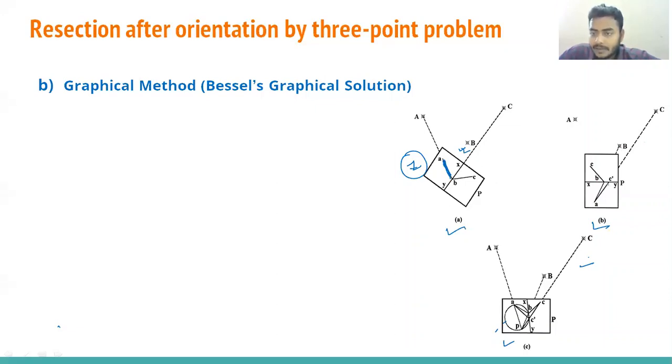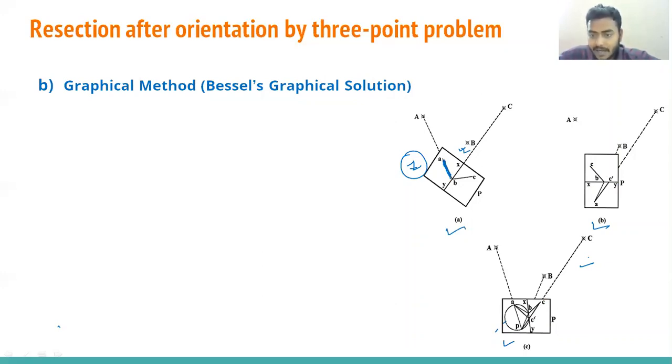The intersection point will give us C dash, where the ray intersects the XY line. Once we get C dash on this XY line, join C and C dash.